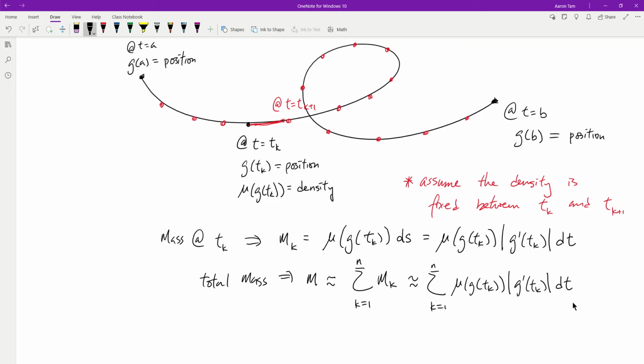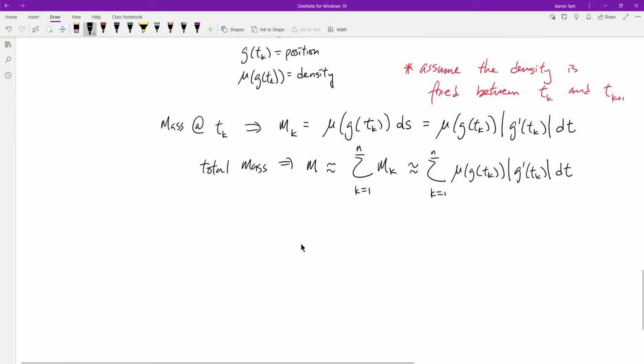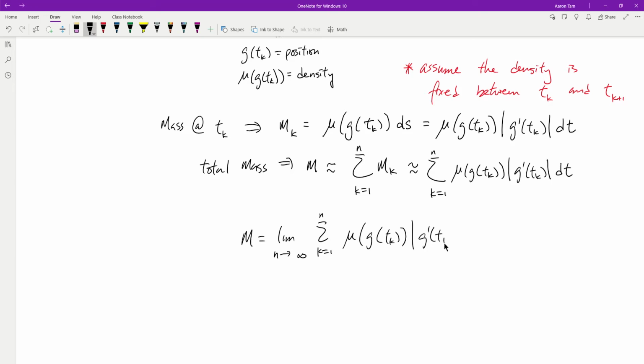And so that gives us a total mass, but an approximation. If I want a good approximation, I can say that the total mass equals the limit as n approaches infinity of the summation k from 1 to n of m sub k, which is the density of g of t sub k multiplied by the length of g prime of t sub k, dt.